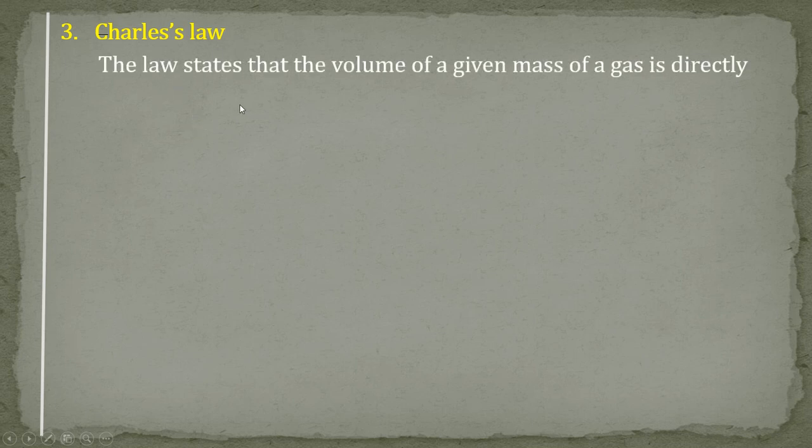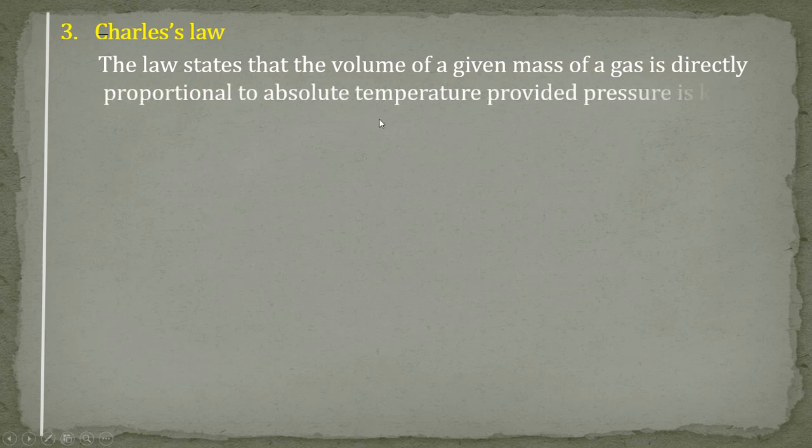Let's look at the third law, Charles's law. It is also about proportionality. This law states that the volume of a given mass of a gas is directly proportional to the absolute temperature, provided the pressure is kept constant. So there's a direct proportion here.